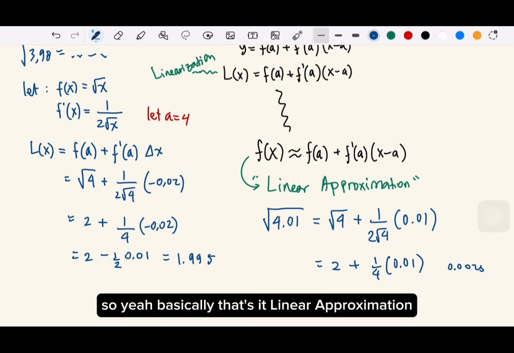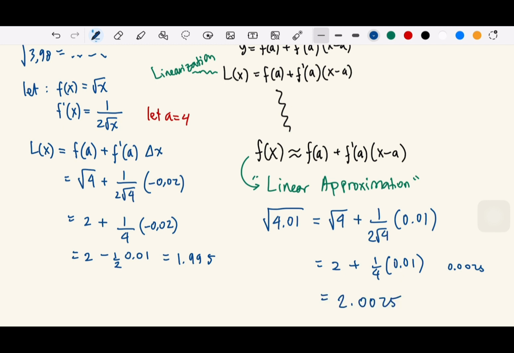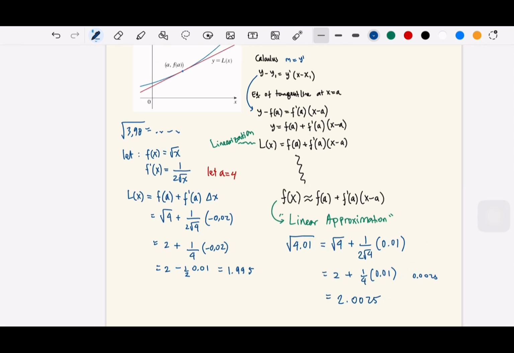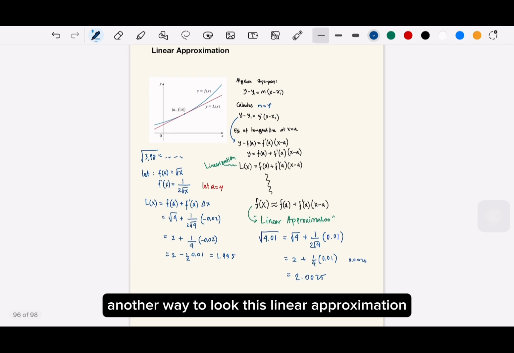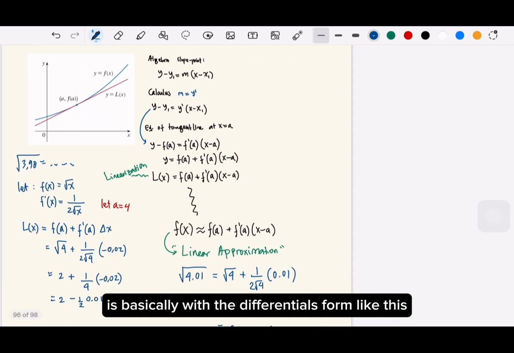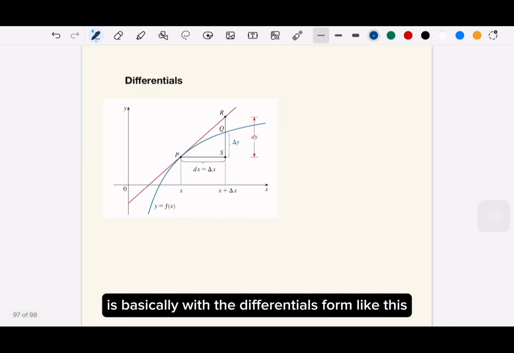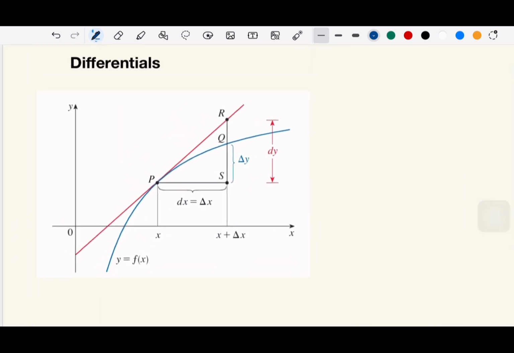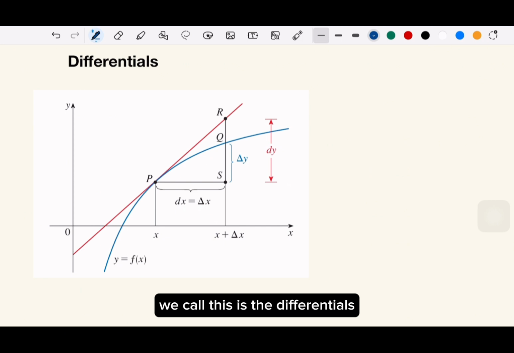So yeah, basically that's it, the linear approximation. Another way to look at this linear approximation is basically with the differentials form like this. We call this the differentials. So basically the same idea.